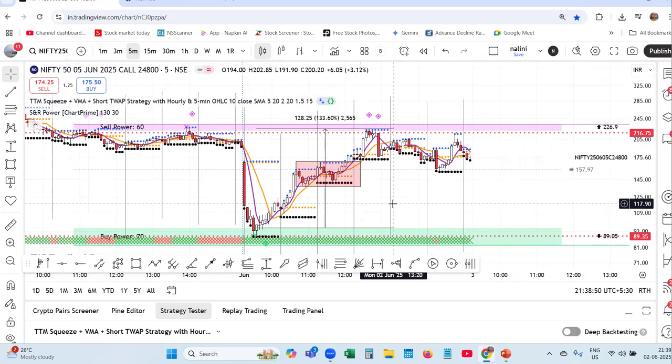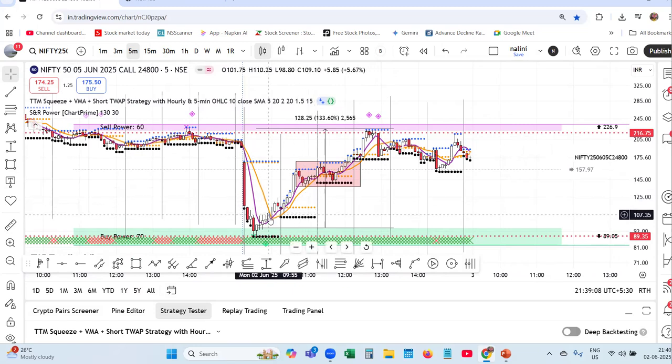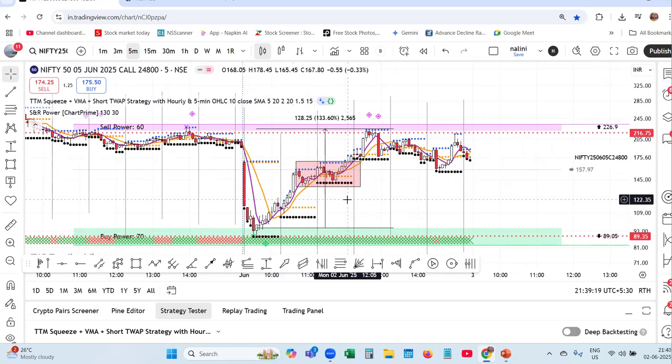That's what I mentioned: when the zones are overlapping, you need to be careful. Don't enter in between in this region. If you have taken the entry, you manage your trade with the trailing stop loss. That is the most important. You have entered early, so manage your trade and start trailing your stop loss. In this congestion zone, some people try to enter into that level.